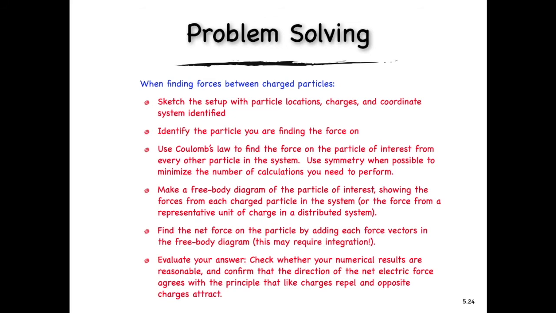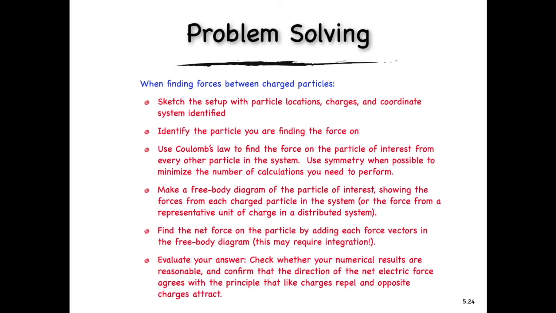You could compare that to your experience and know that when I throw a basketball, it's a couple meters per second. It's not a couple hundred meters per second. It's not a couple millimeters per second. So we had some intuition in mechanics that we probably don't have in electricity and magnetism, but we can still do some checks to see if our answer makes sense.